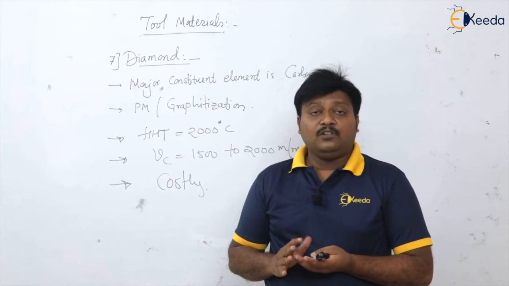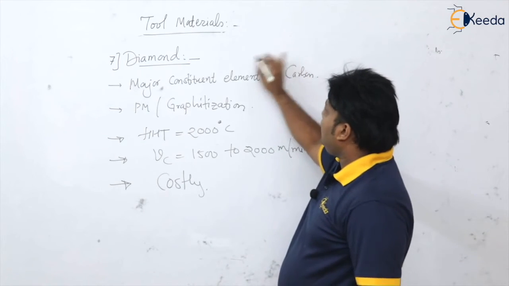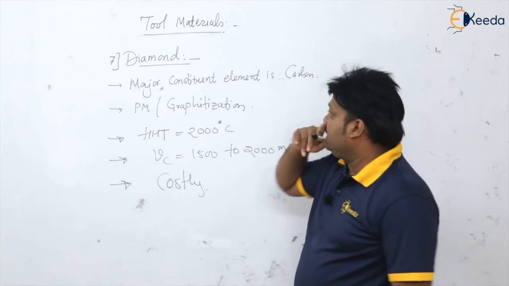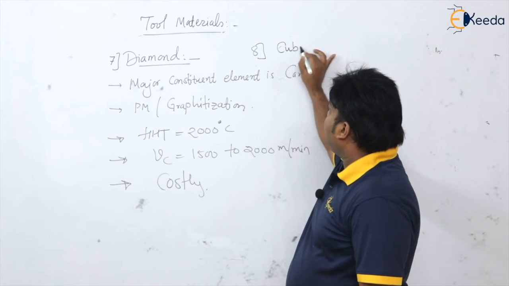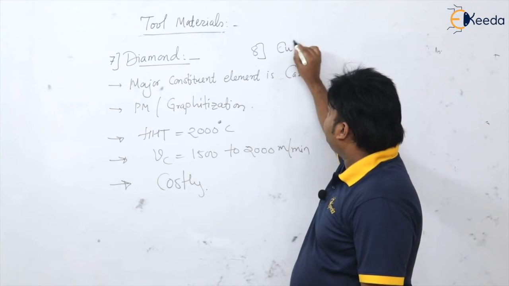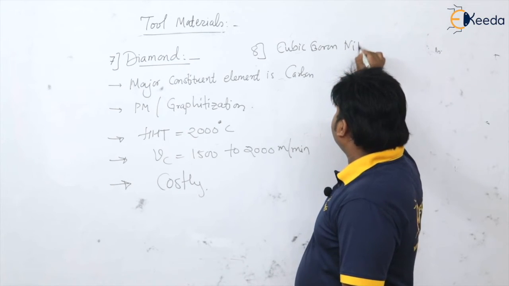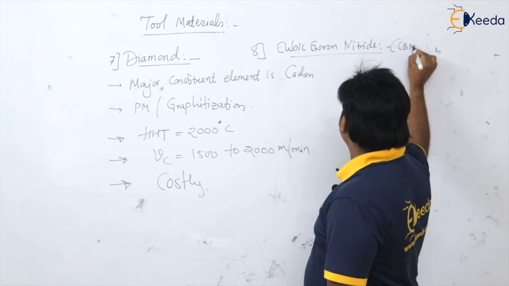Okay, so which material is used? The next development is just a replacement for diamond when the workpiece is ferrous. The eighth one is cubic boron nitride, that is CBN tools, very famous.